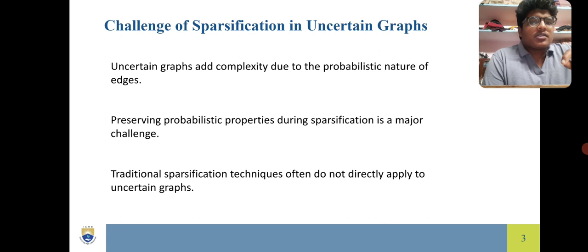Preserving probabilistic properties during sparsification is a major challenge, because when we don't preserve them, the graph may misbehave or the information will be wrong. Traditional sparsification techniques often do not directly apply to uncertain graphs.